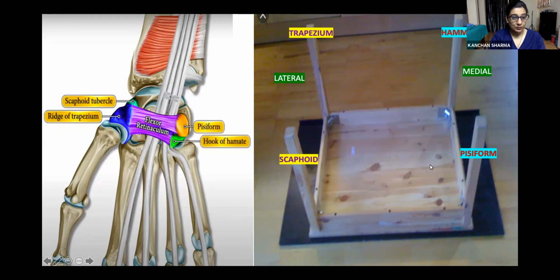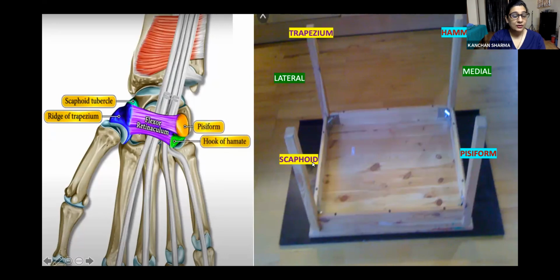How can you remember what should come after the pisiform? Most of us are anesthesiologists, and we always talk about pH, right? When we want to look at the pH of the blood, if it is metabolic acidosis, go order and pH. So remember it like that. After pisiform, you should have your hamate.